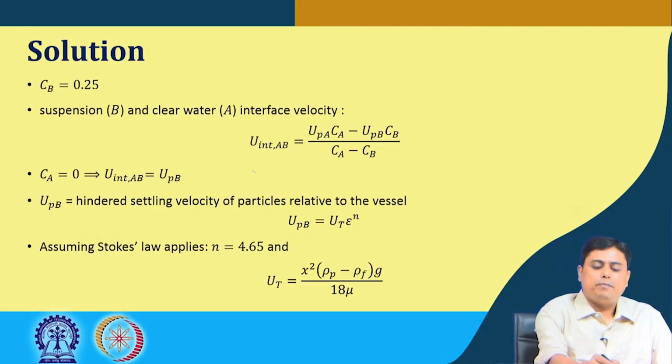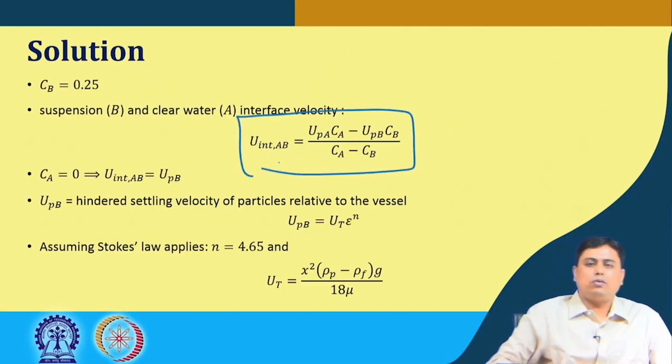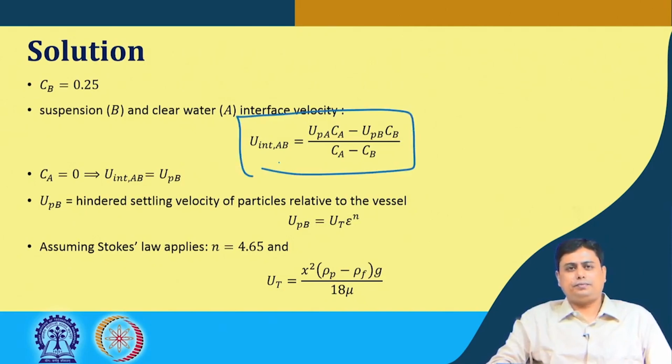If you remember, this was the expression that we had derived: UPA multiplied by Ca minus UPB multiplied by Cb, divided by concentration A minus concentration of zone B, where UPA is the volumetric flux of zone A, the particle settling volumetric flux.